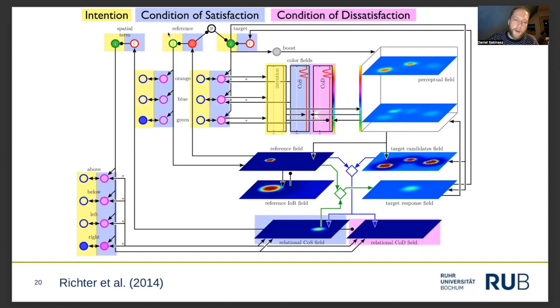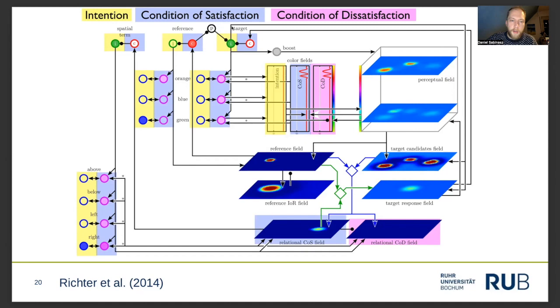So by default, only the reference process would become active. Once the condition of satisfaction node of the reference process has become active, which means the process has finished, it will inhibit this precondition node and thereby release the inhibition. And this will then allow the target process node to become active.